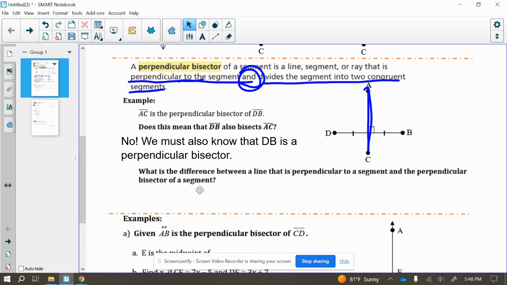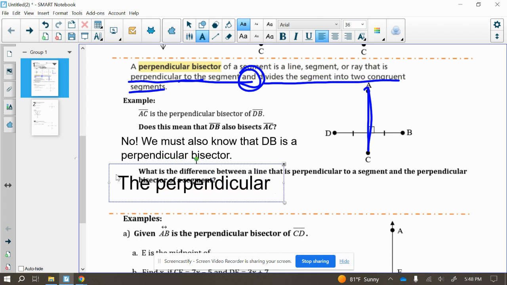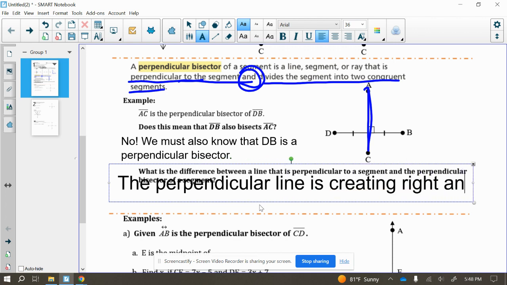Now, what is the difference between a line that is a perpendicular bisector to a segment and the perpendicular bisector of a segment? Well, one is doing the cutting, okay? So the perpendicular segment, or line, is creating right angles only.